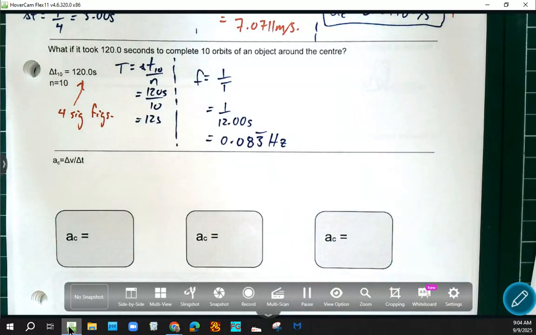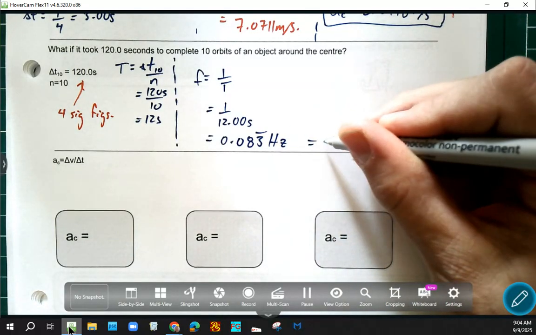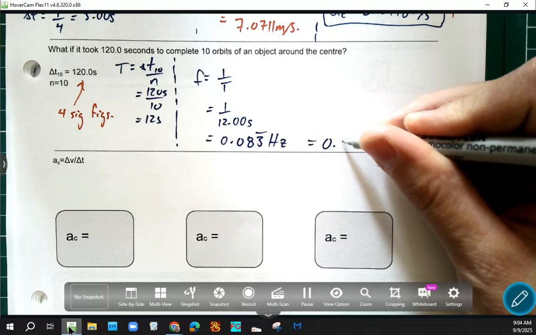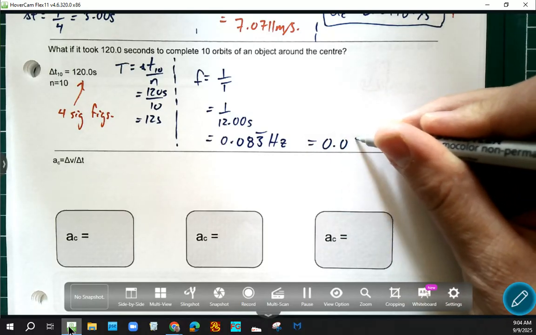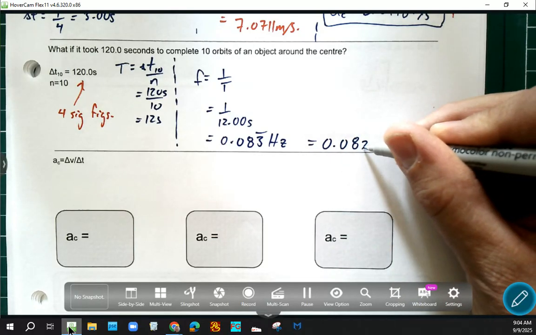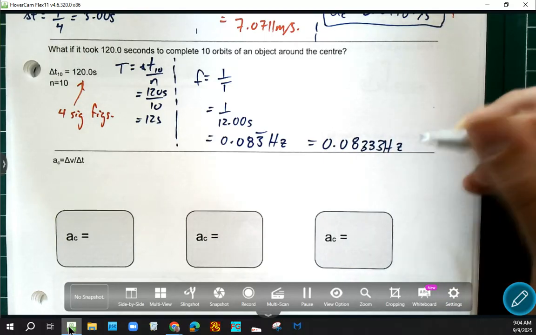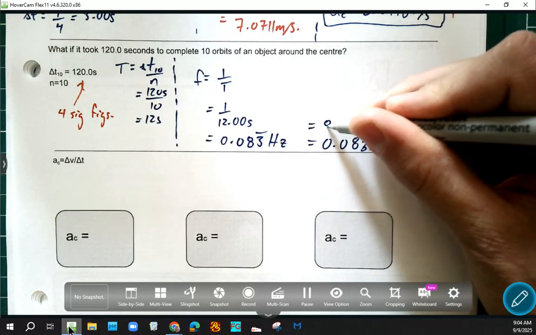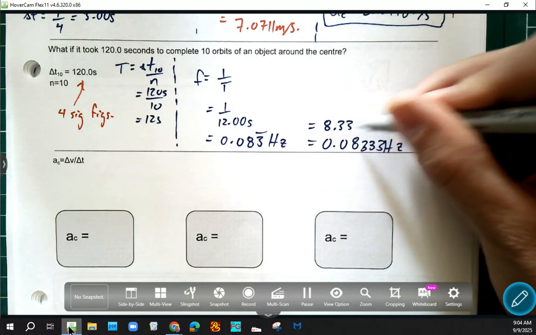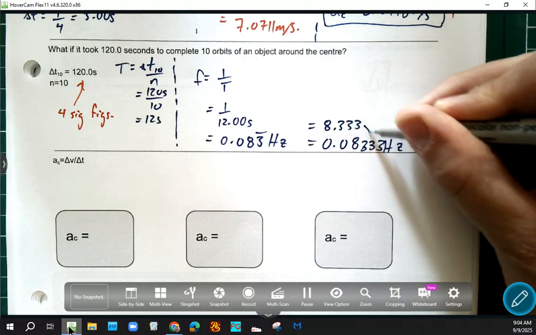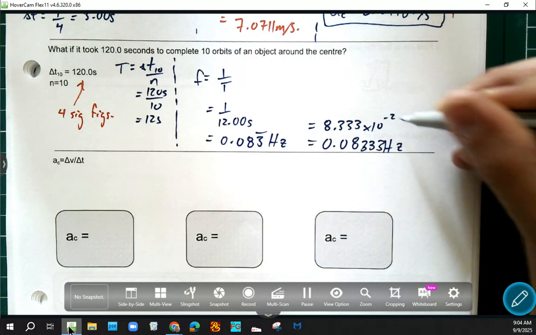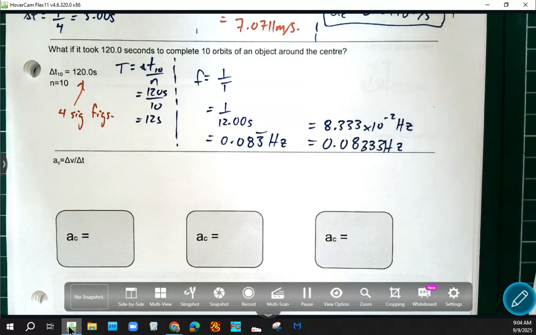And just a reminder, it's 4 sig figs, 0.08333 hertz. Or we could write it as 8.333 times 10 to the power of negative 2 hertz.